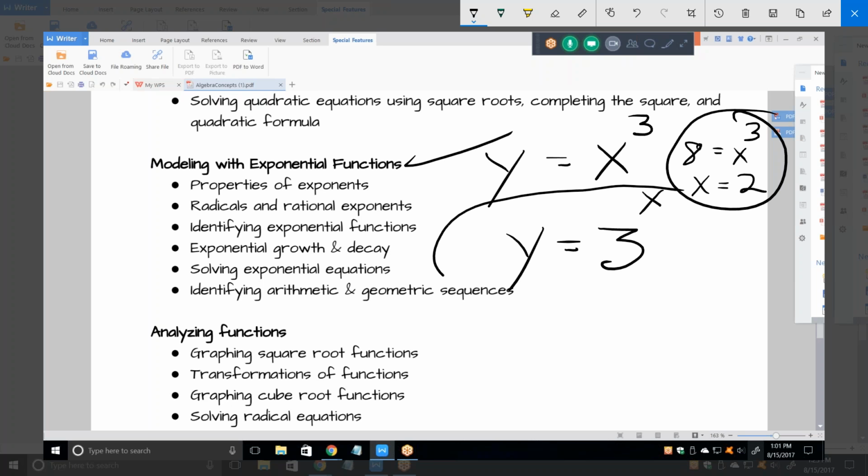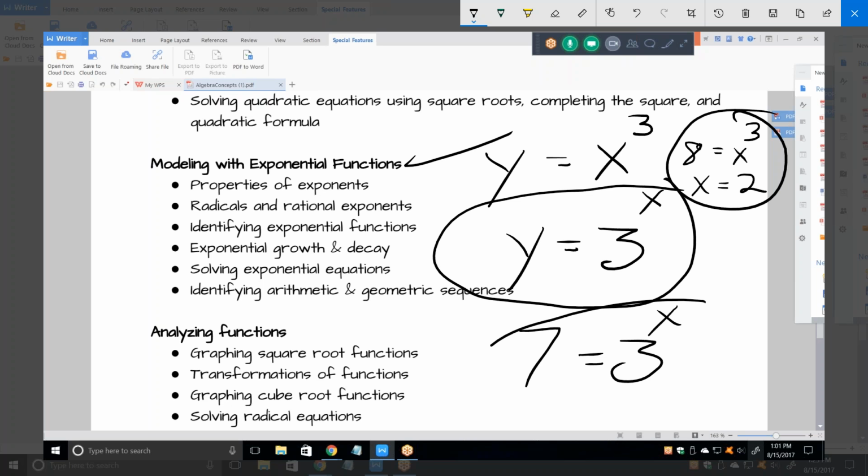When I have exponential functions, I can't solve that. If I said this, you have no way to solve for x. You could spend a year in your calculator and you would not solve for x. It's an exponential function.